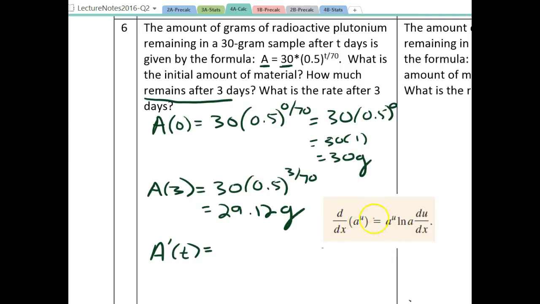And this is the formula that we're going to use to find the derivative, where I've got a value a raised to the u power. So what I'm going to do, if I'm going to take the derivative of this, I'm going to take 30 out because that's a constant, and I'm going to take d dt of the 0.5 raised to the t over 70 using this formula right here.